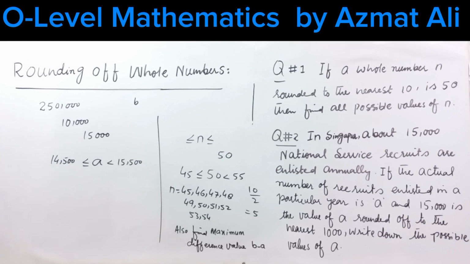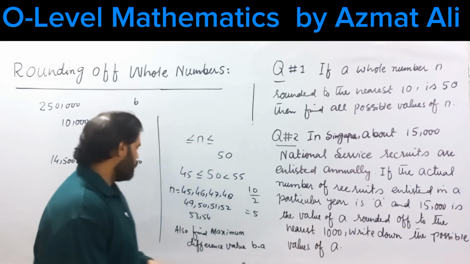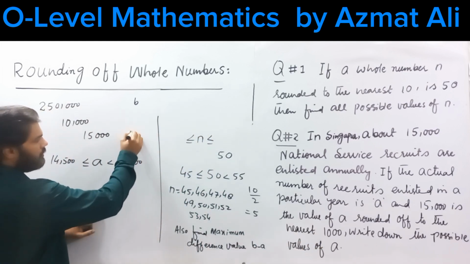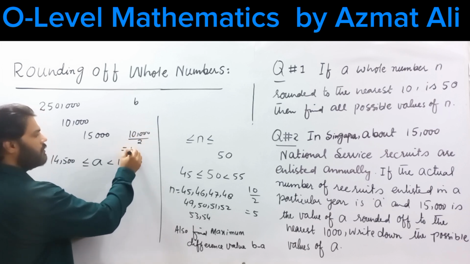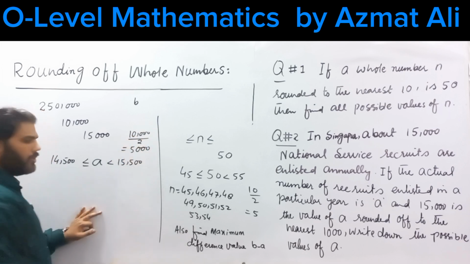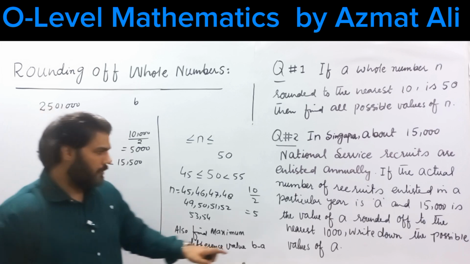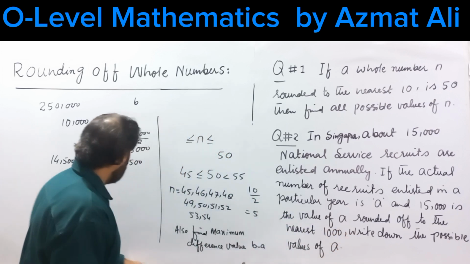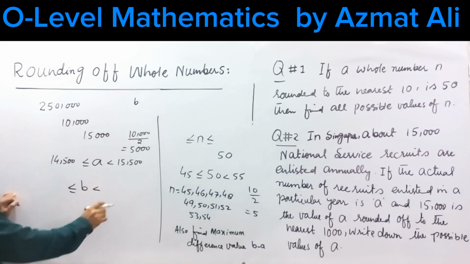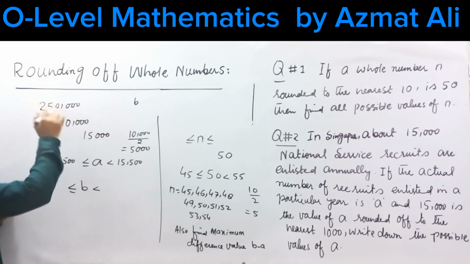Here we round off the number to the nearest 10,000. So firstly we divide 10,000 by 2, and the answer will be 5,000. The answer for the first question, the possible range of B, is to subtract 5,000 from this number and also add 5,000 to this number.